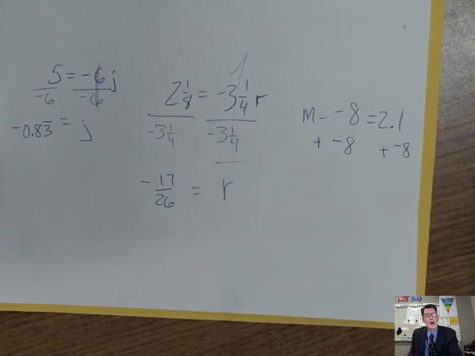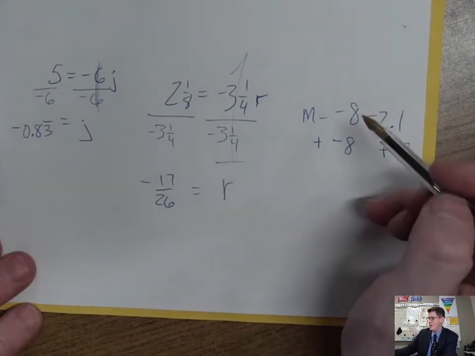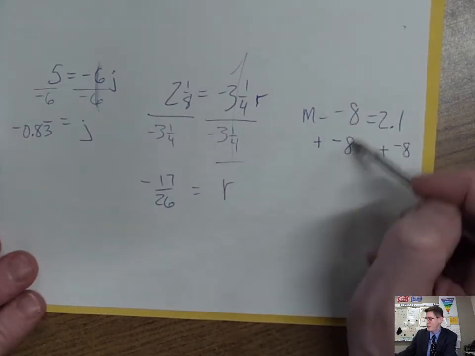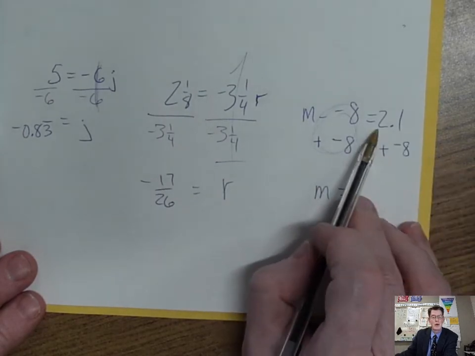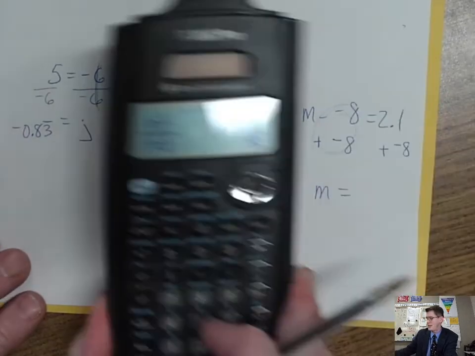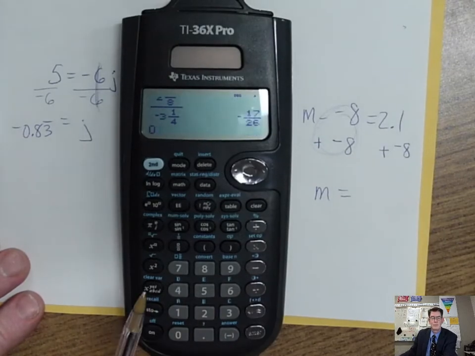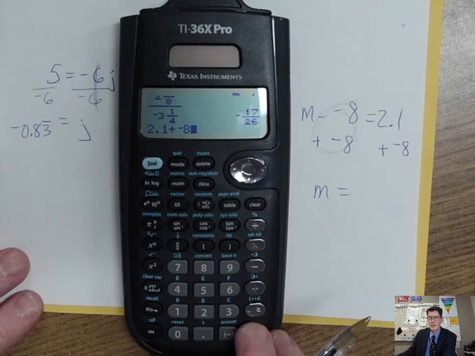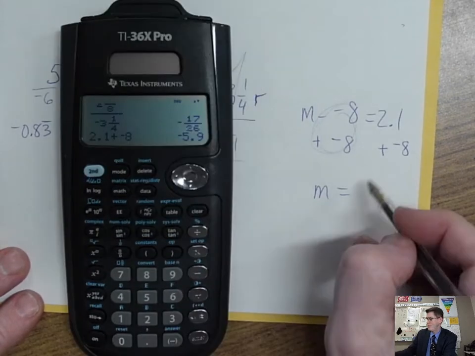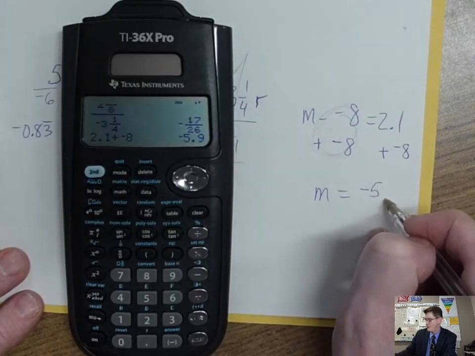You can see why I've said show your work, write every step. We could kind of lose out on this if we don't do that. This all goes to 0, so M is all alone. We just type in our calculator 2.1 plus a -8, and we have -5.9.